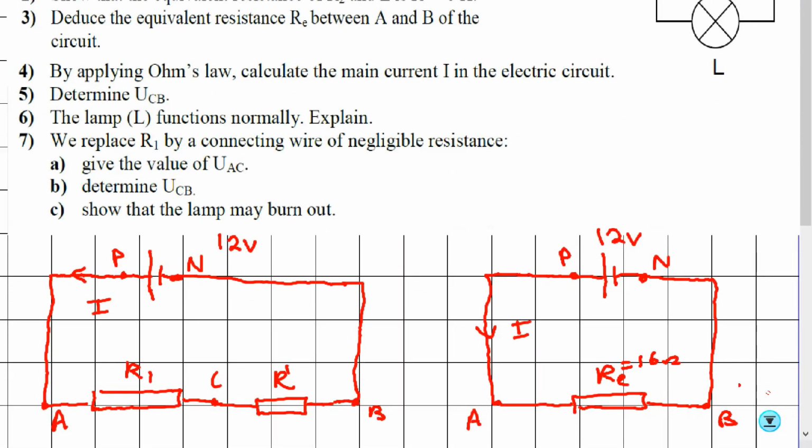Then by applying Ohm's law using this electric circuit, which is number 3, we can calculate the main current I, because if the battery is 12 volts, then the voltage across Re is 12 volts because we only have the battery, and this is given by either the law of addition of voltages or the law of uniqueness of voltages. Therefore, we know the voltage across Re, and we know its resistance, which is 16 ohms.